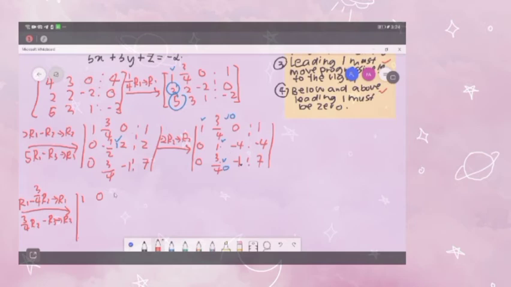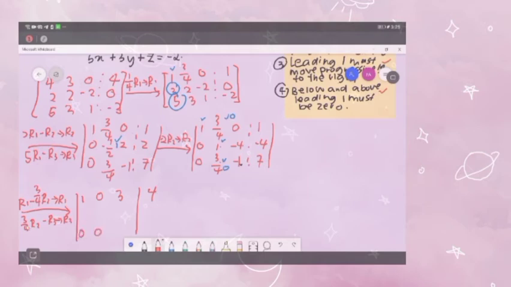So this will become 3 here. Negative 1 minus 3/4 times -4 is equal to 3. So 1 minus -3 is equal to 4 here.